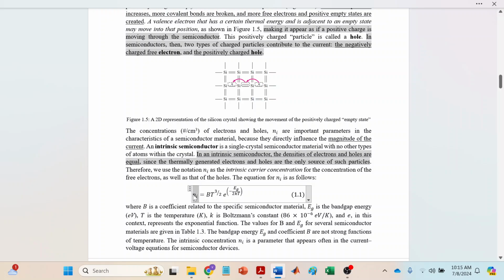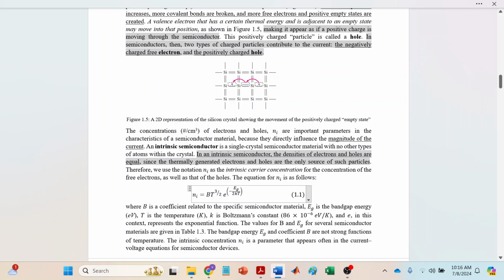So we have the notation called Ni, which is called the intrinsic carrier concentration, for the concentration of free electrons and holes in a semiconductor if the semiconductor is intrinsic, and the formula is given by the highlighted equation.